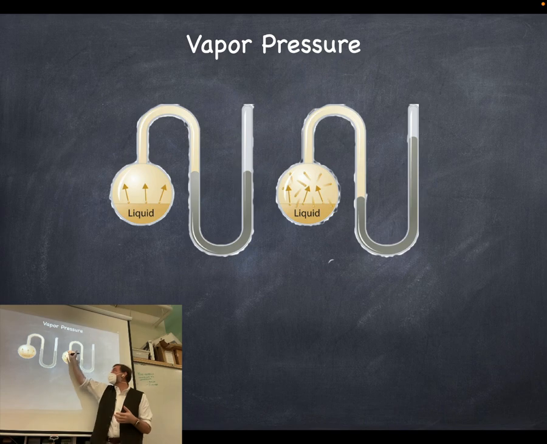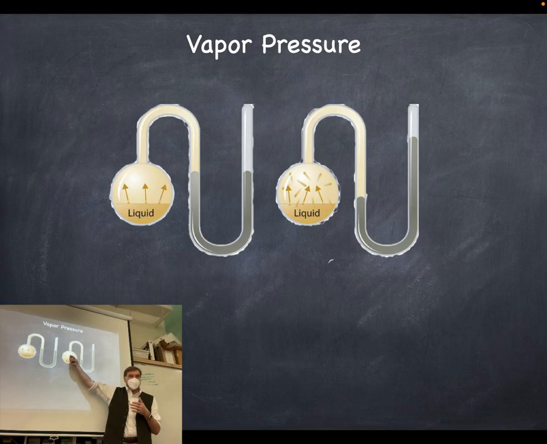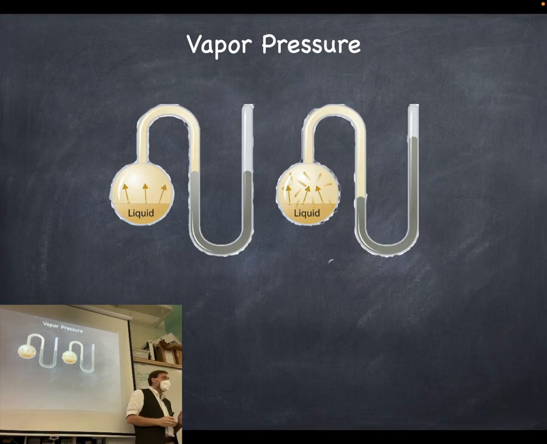If it's hard for the liquid molecules to turn into a gas, fewer of them will. That will lower the vapor pressure. So a low vapor pressure means strong intermolecular forces. All right? This is very important to understand. It's a very frequent way for them to tell you information about the strength of the intermolecular forces. The higher the vapor pressure, the weaker the intermolecular force.